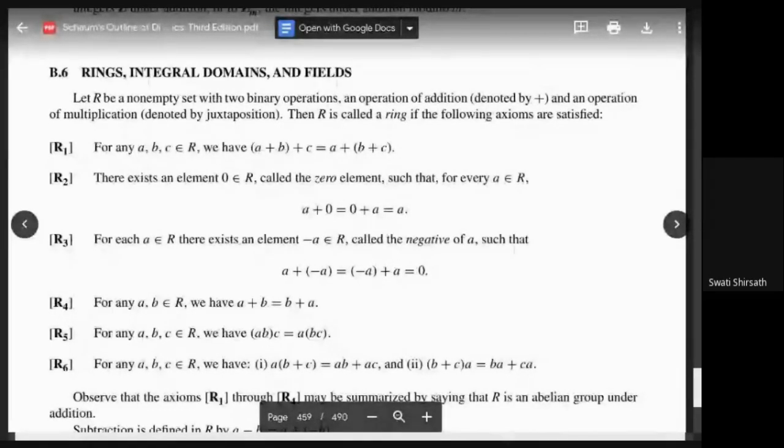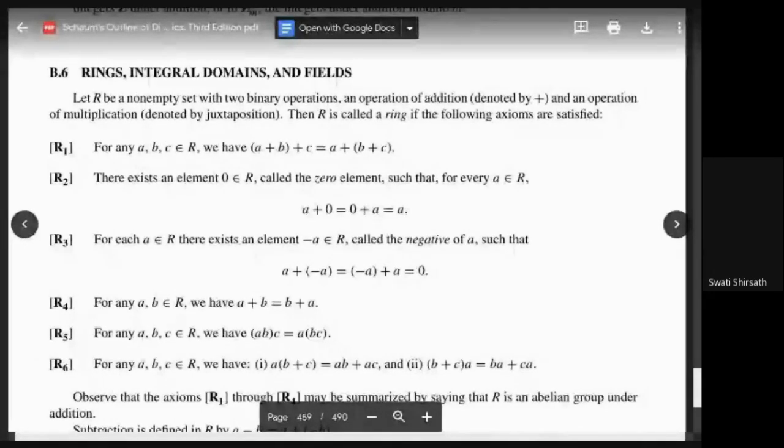So we are dealing with two operations here, addition and multiplication, compulsorily. When you talk about rings, you're talking about two operations, addition and multiplication. In case of groups, semi-group and monoid, the operation was given in the problem statement. But in case of rings, it will always be addition and multiplication.